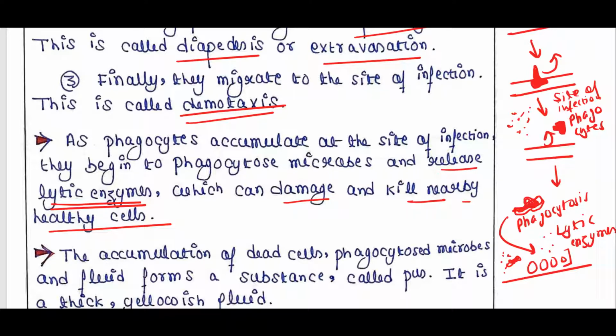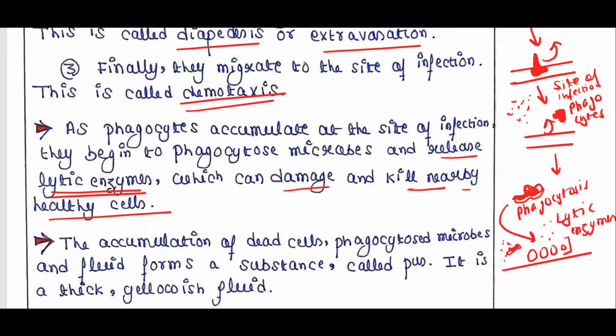The accumulation of dead cells, phagocytosed microbes and fluid forms a substance that is called pus. So phagocytosis has been done and some microbes are now digested. Those microbes, dead cells and fluid all form pus, which is a thick yellowish fluid.